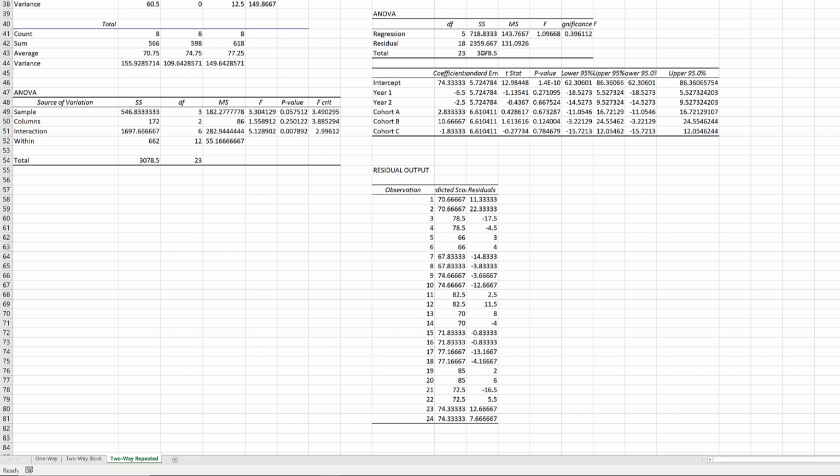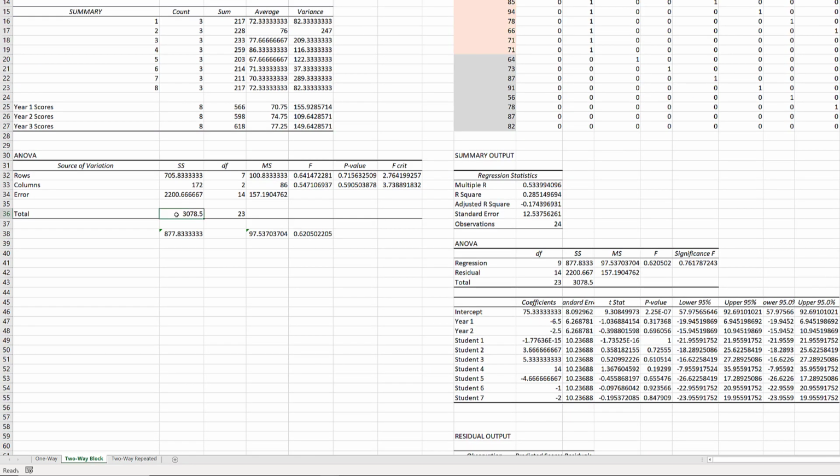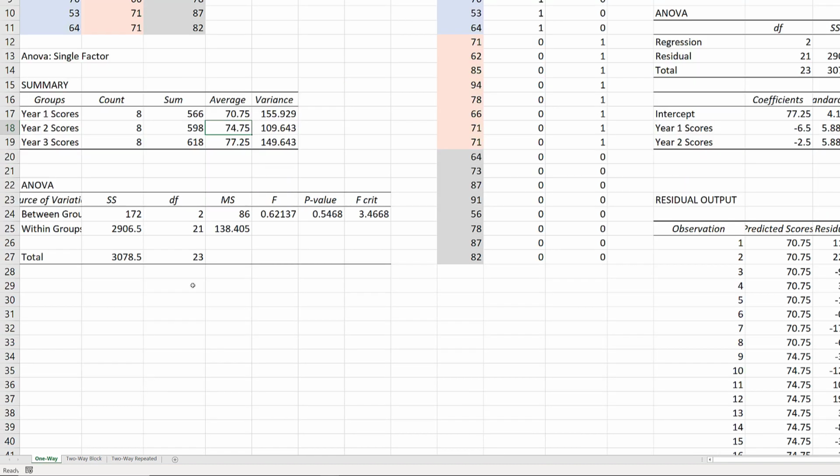Look at the total sum of squares. 3078.5. The same total sum of squares. Now you'll notice if I go back to the 2-way ANOVA, it's the same, 3078.5. That's because the data here is structured the same way. So we're looking at these 24 observations overall. If we go back to the 1-way ANOVA, the sum of squares is the same again.